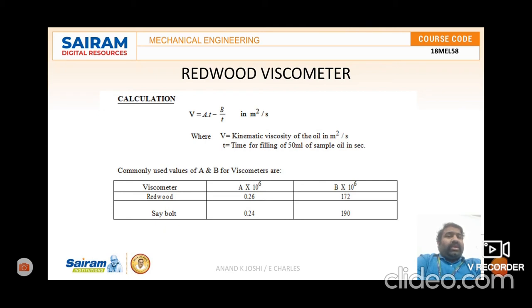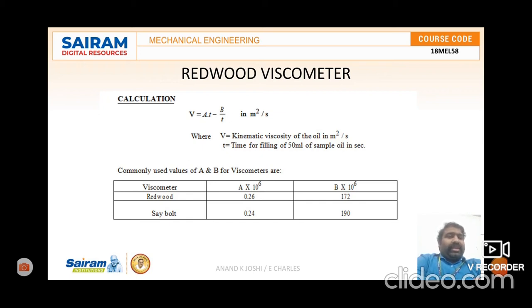Commonly used values of A and B for the viscometers are given here. These are constants, obtained after conducting the experiment, and they are used for different apparatus. Suppose you conduct the same viscosity experiment for the Saybolt: A is 0.24 into 10 power of 6, and B is 190.